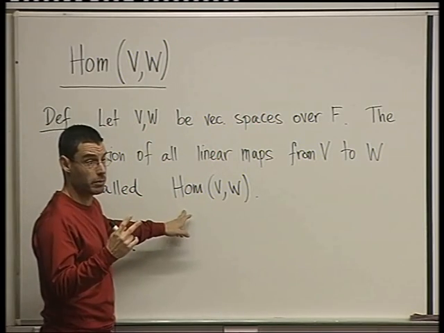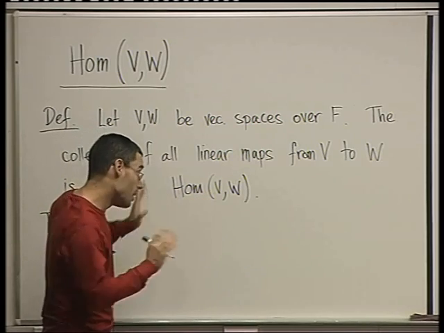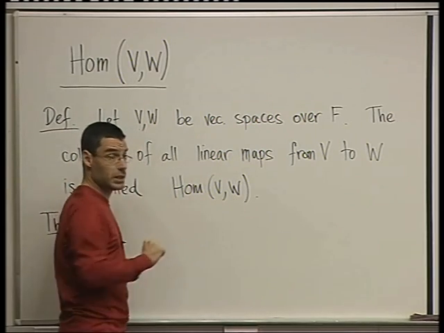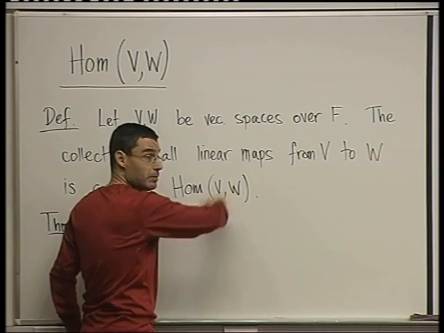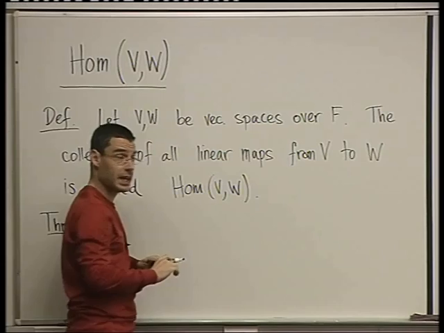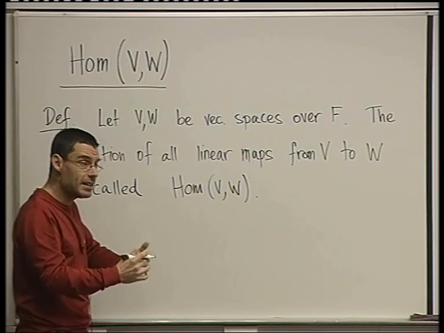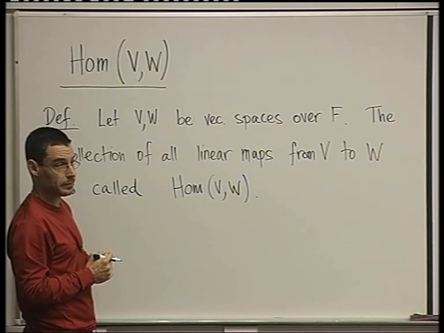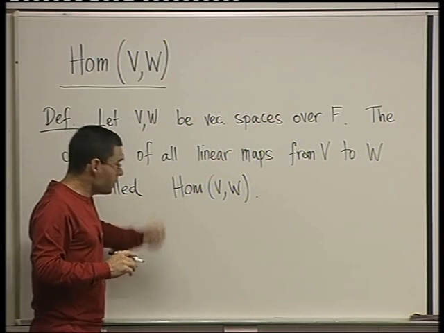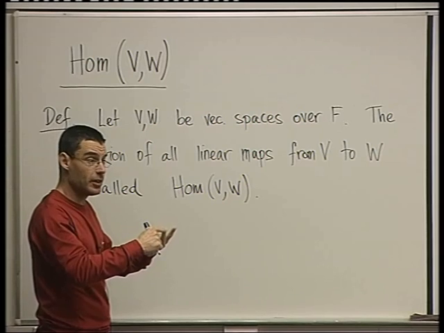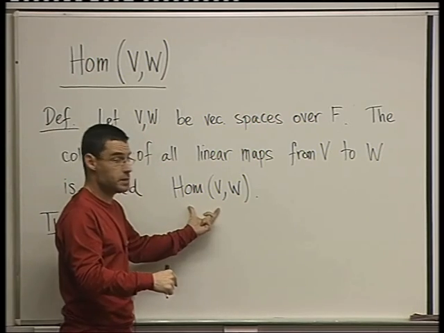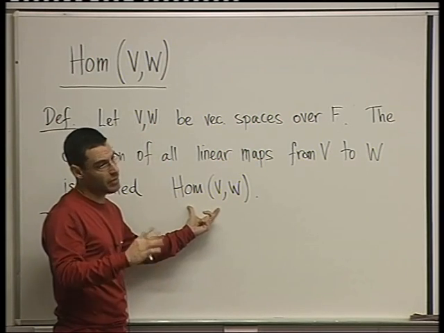We know there are more. Sometimes we can compose: if V and W are the same, then we can compose, but in general we can't. But always, we can add and multiply by a scalar. And those operations of adding maps and multiplying a map by a scalar, in fact, give this space the structure of a vector space.